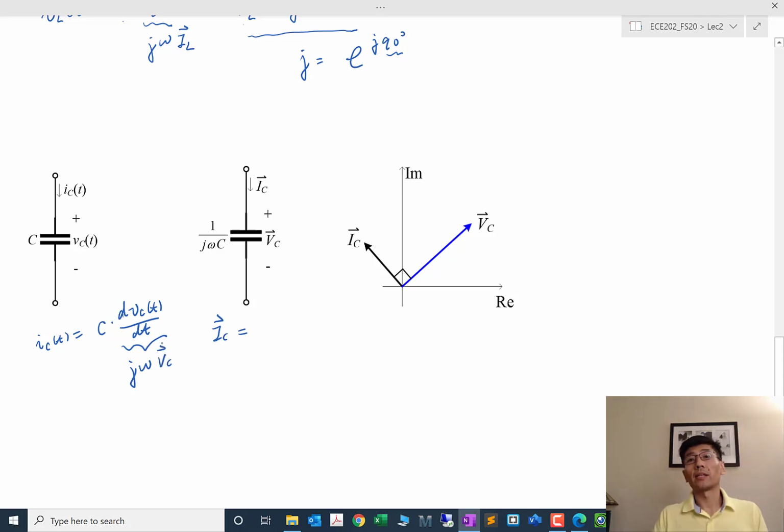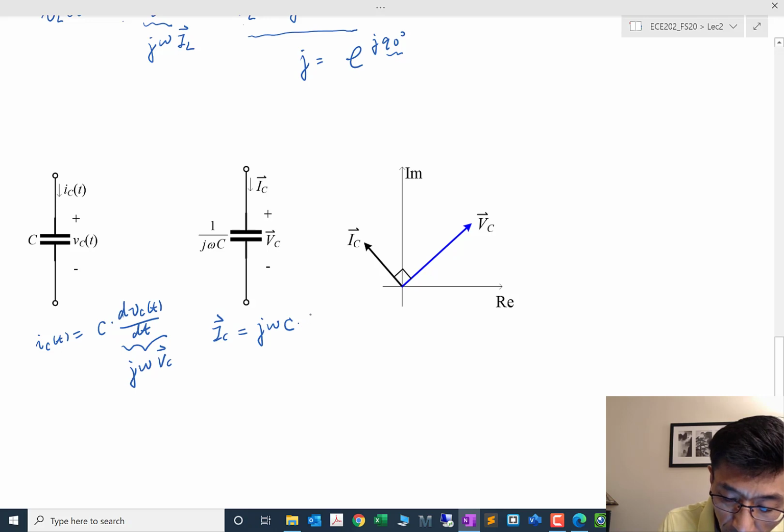That's the same property of the phasor of the derivative of a sinusoidal signal. You just multiply the phasor of the original signal by j omega. So in this case, we have j omega c times V sub c.